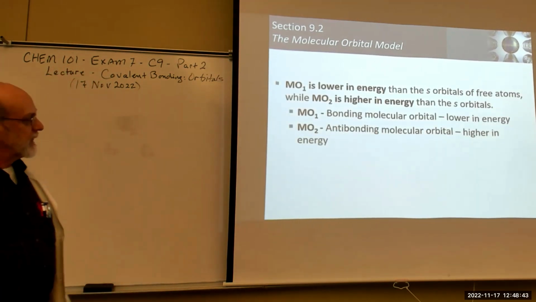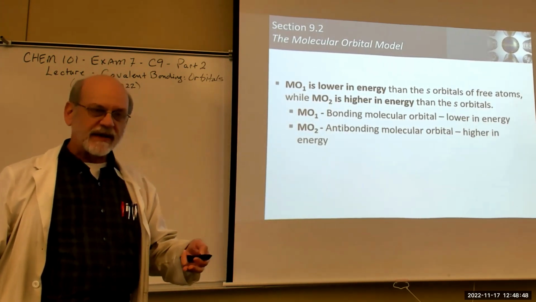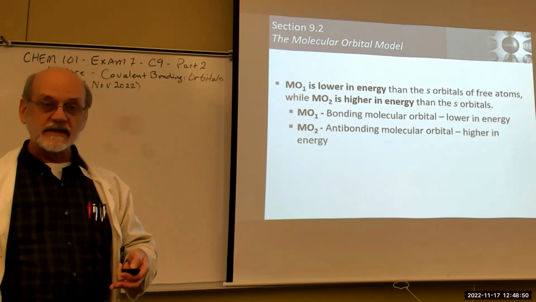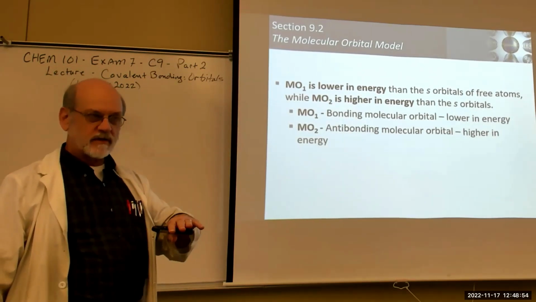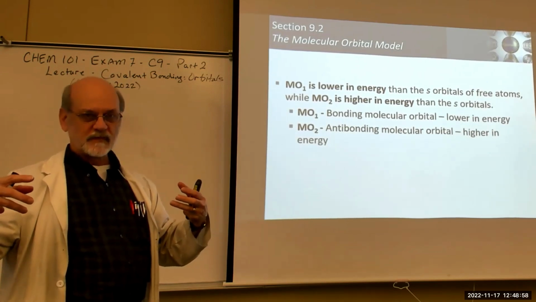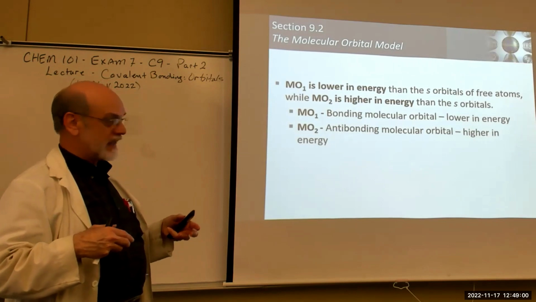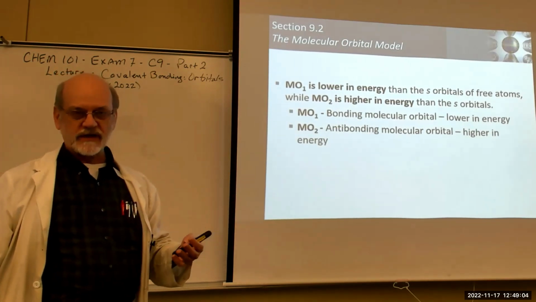The bonding orbital, MO1 here, is typically at a lower energy level than the atomic orbitals from which it is formed. And the anti-bonding orbital, the MO2 in our diagram, is higher in energy.